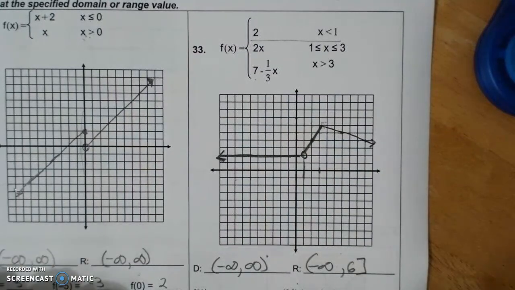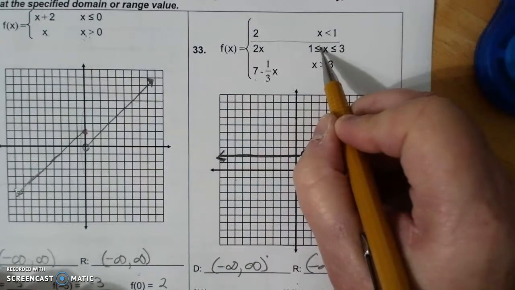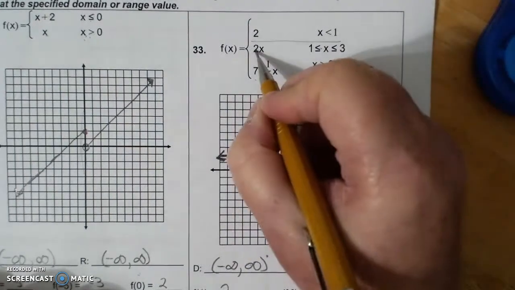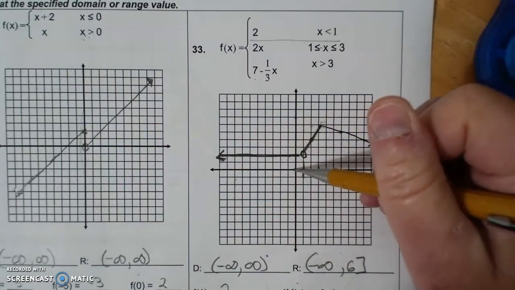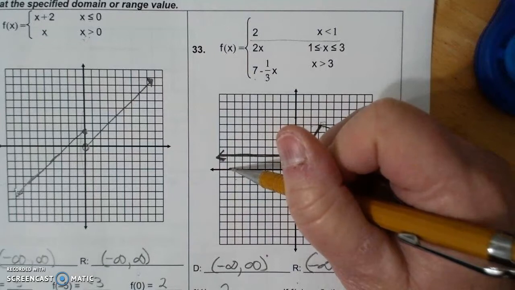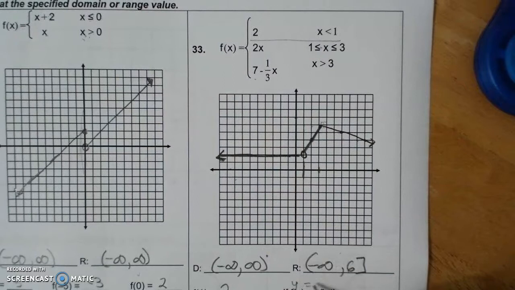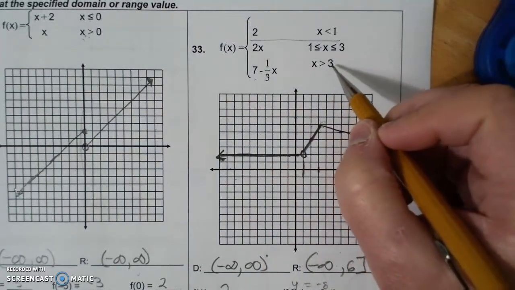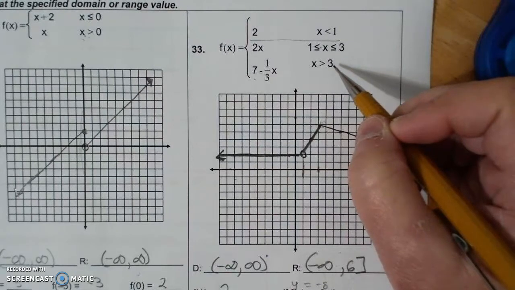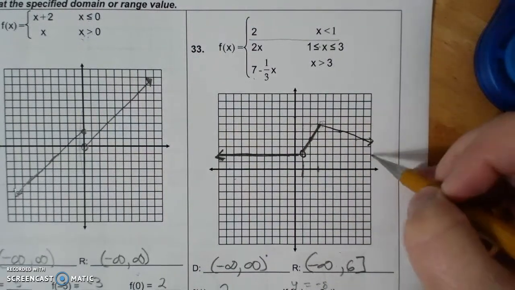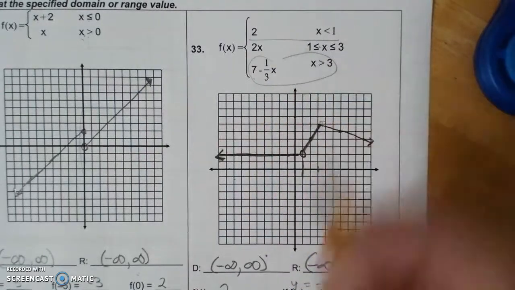F of 1: 1 is here in this piece, so it is 2 times 1. Now I'm going, y equals negative 8, and so negative 8 would be in this function.